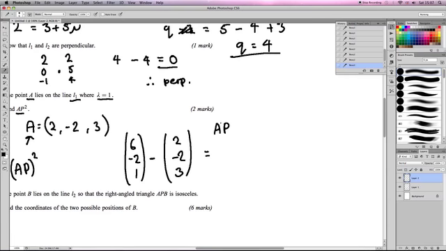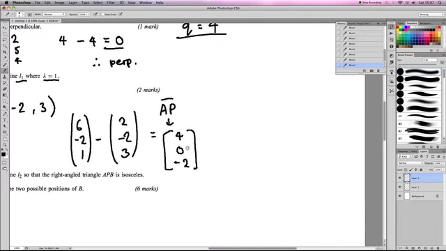So AP is equal to 4, 0, and then minus 2. I think that's it. Let's just double check it. 6 minus 2 is 4. Minus 2 plus 2 is definitely 0. Yeah, that should be right.